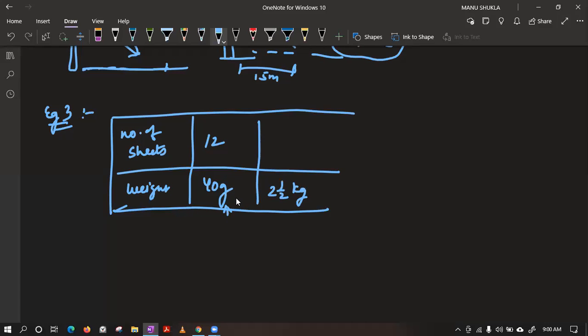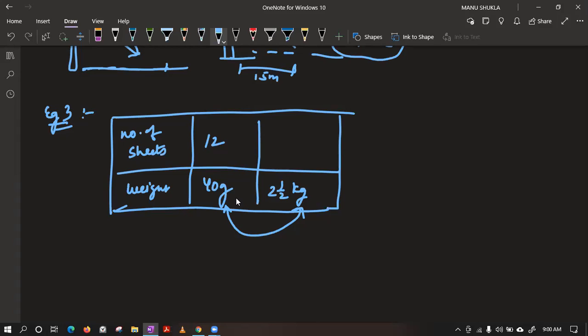So class, is it fine to have different units or do we need to change it? Because the relation is going with grams, in the second case we need to change it. So please tell, 2.5 kg equal to how many grams?